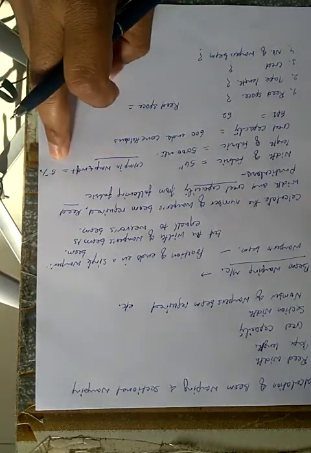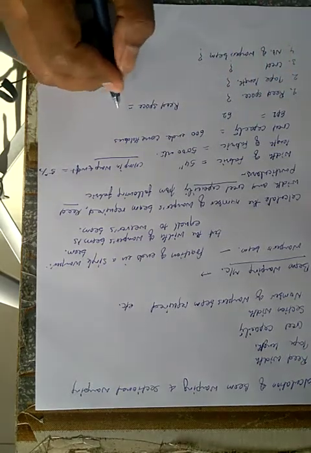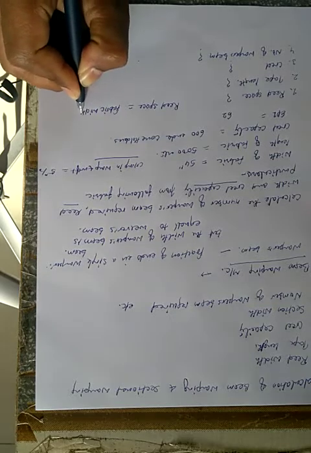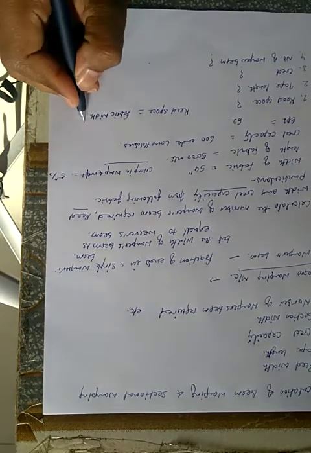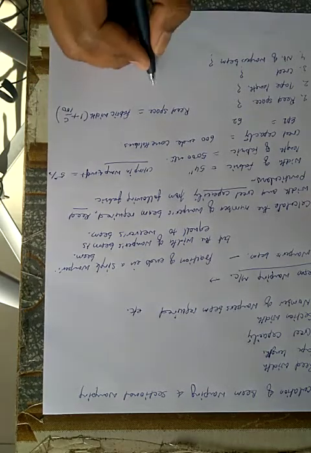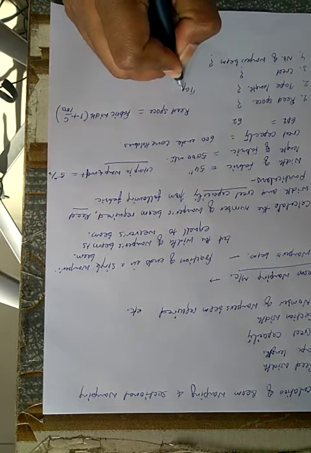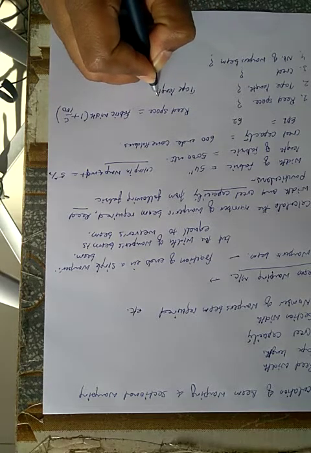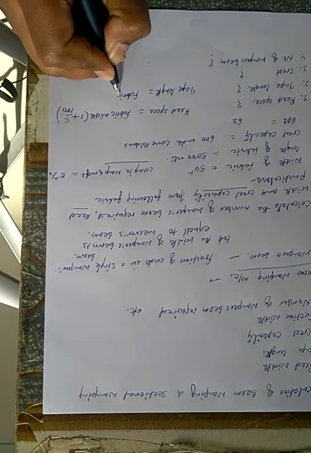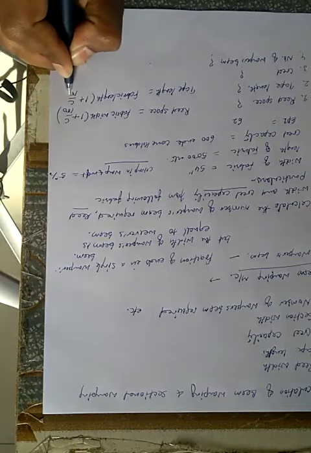So reed space is fabric width into one plus crimp, and tape length is fabric length into 1 plus crimp by 100.